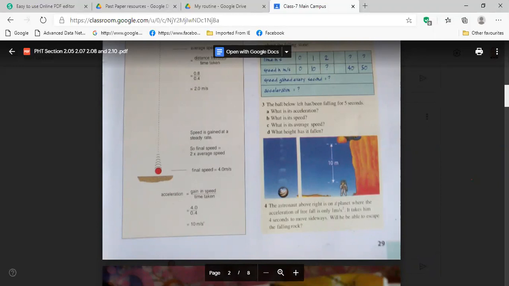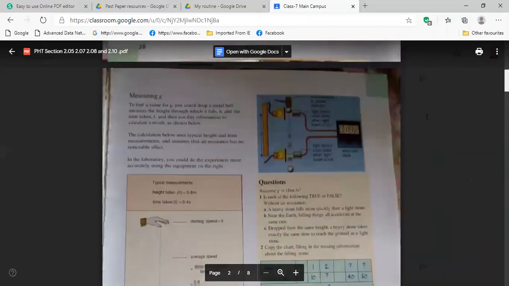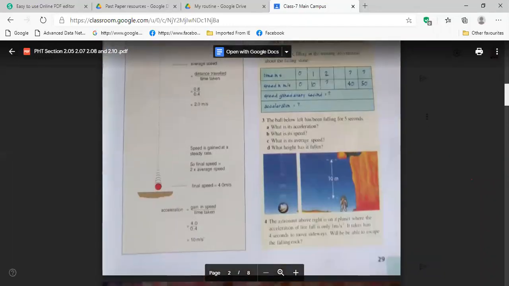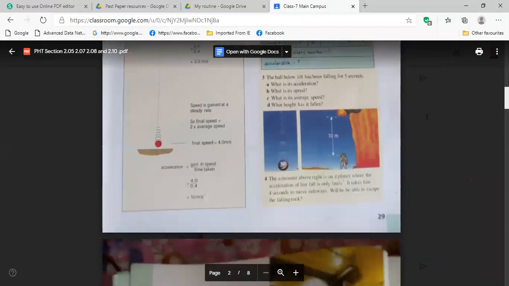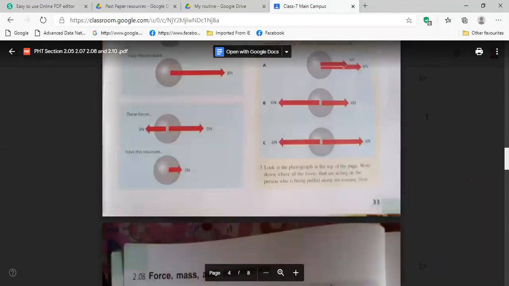Now we have the last 3 minutes. I want one thing from you all. I will give you one very simple assignment, and that will help you answer in your test. Will you do it? If you do this assignment, it will be a good revision for your test. So you will give me these answers from page number 29 and these answers from page number 33.